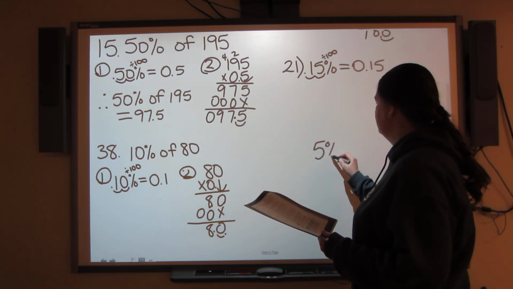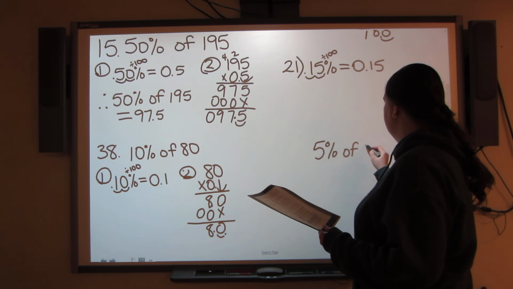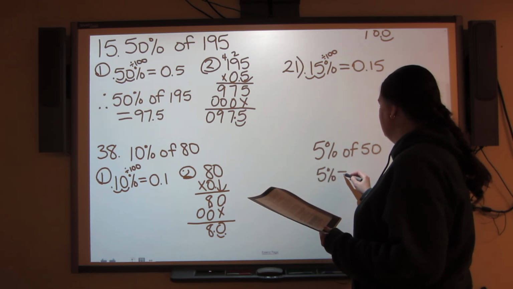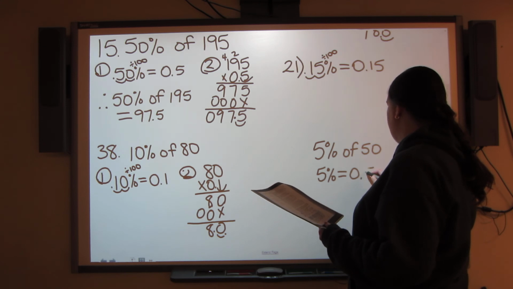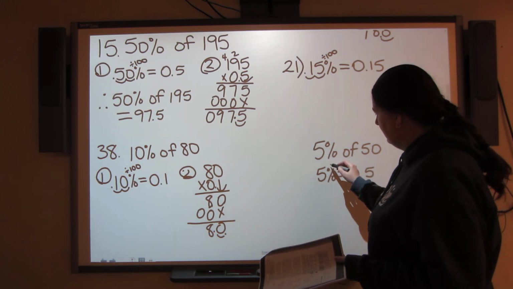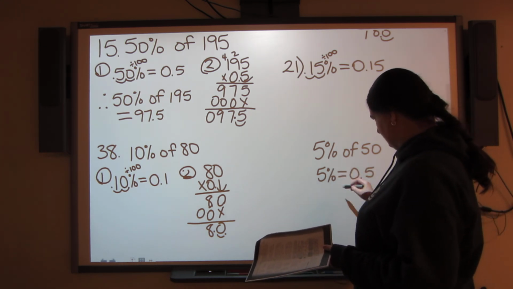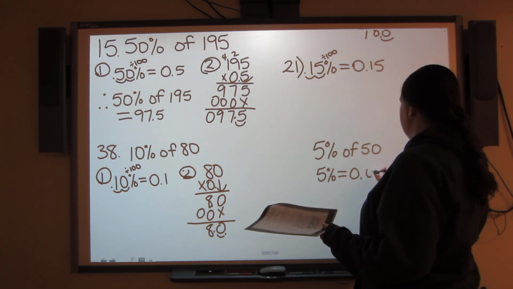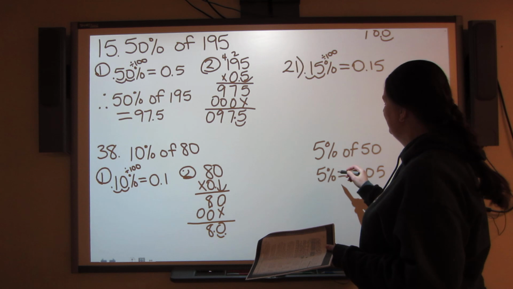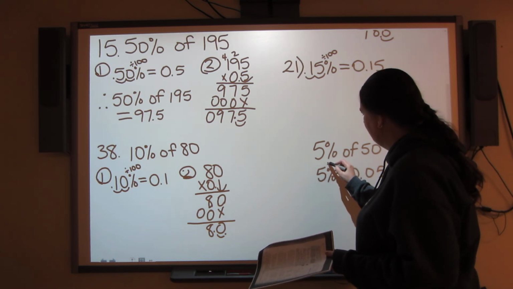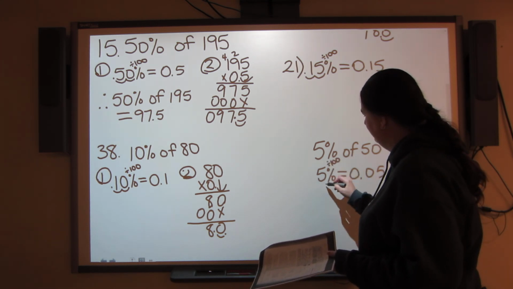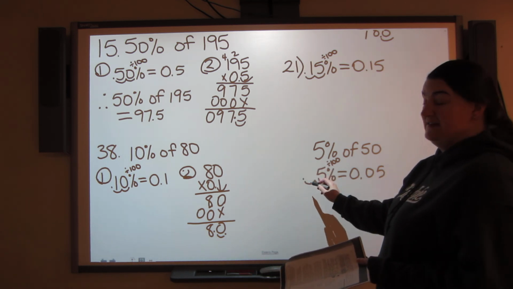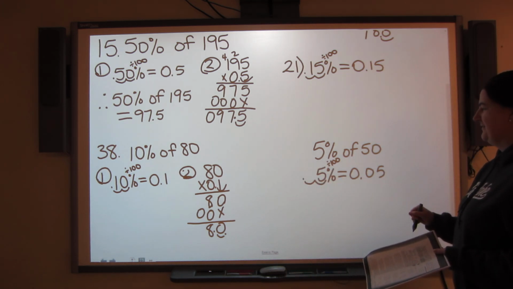So 5% of 50. 5% equals 0 and 5/10. No, it doesn't. Sorry, that's wrong. That would be 50%. It's 0 and 5/100, because when you divide by 100, you move 2 spots over. There's an empty spot. It has 0.